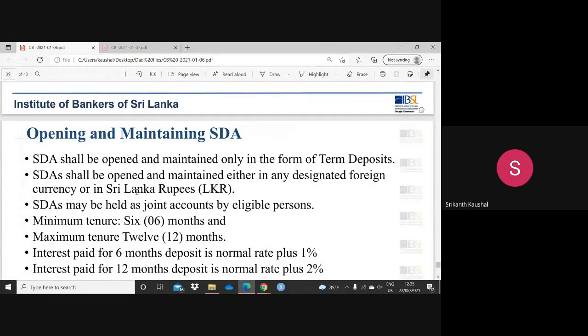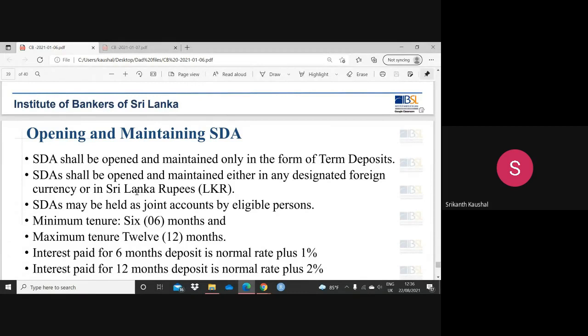An SDA may be held jointly, and if it is joint, both parties have to be eligible persons. Minimum tenor 6 months, maximum tenor 12 months. Interest paid for a 6 month deposit is the normal rate plus 1%. For 12 months, the normal rate plus 2%. So you can add it up and see, you get more interest for 1 year, 2% compared to 1% for 6 months.